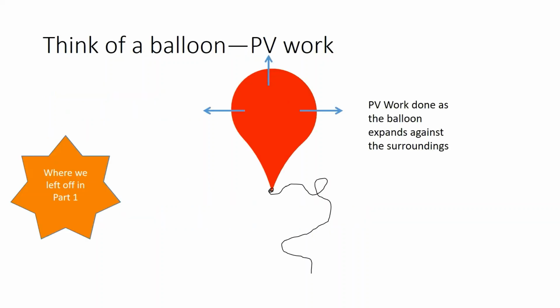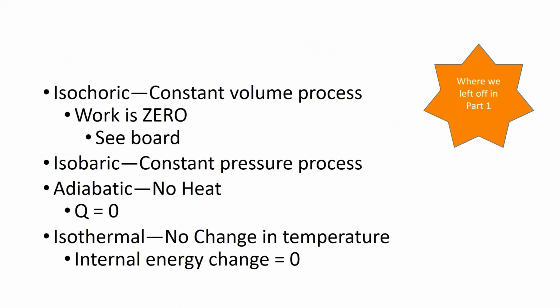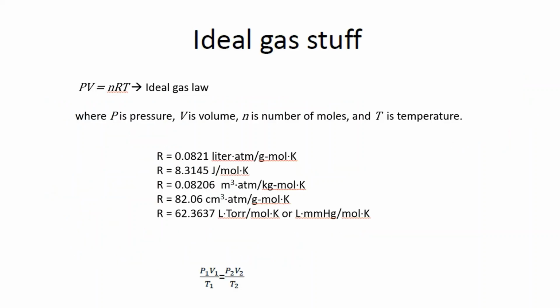Recapping a little bit of the end of the last lecture, we're talking about PV work. When the balloon expands against the surroundings, it's actually performing some work against the surroundings. We talked about these four processes: isochoric, isobaric, adiabatic, and isothermal. I didn't talk about this enough: the ideal gas law.